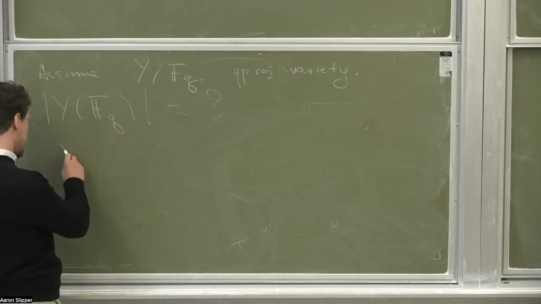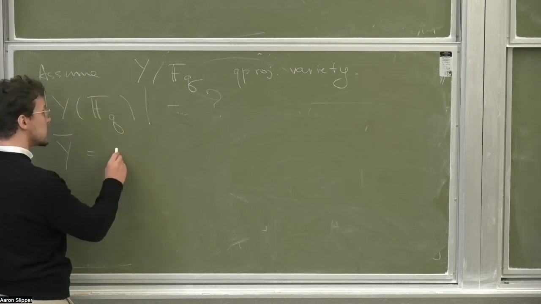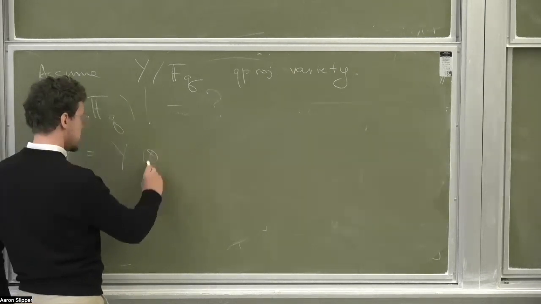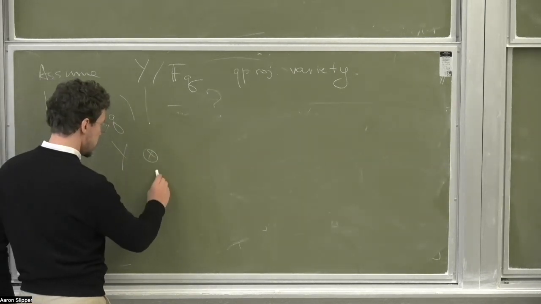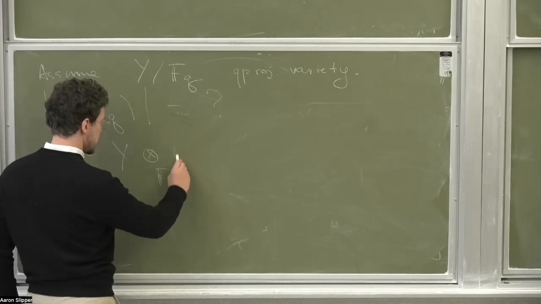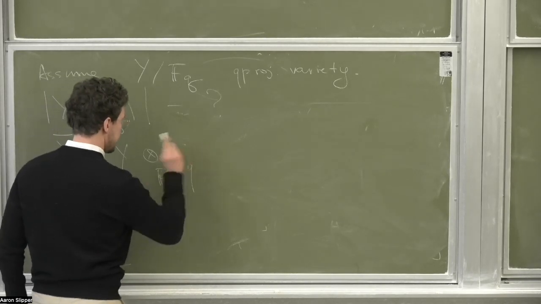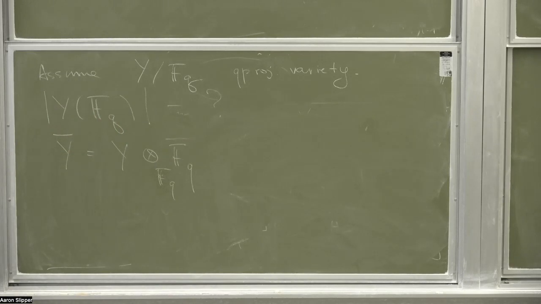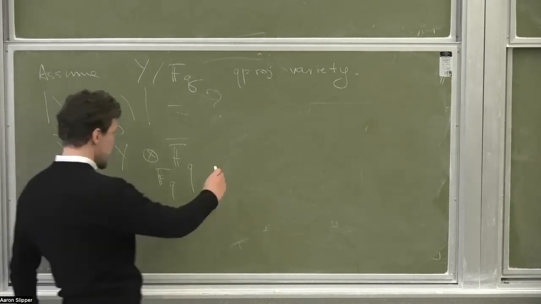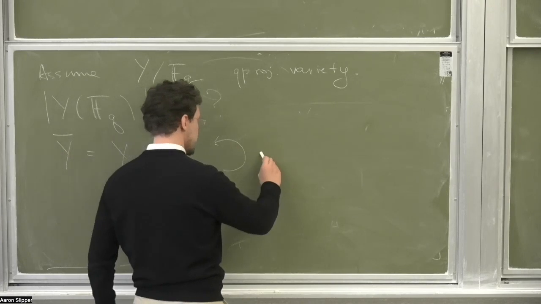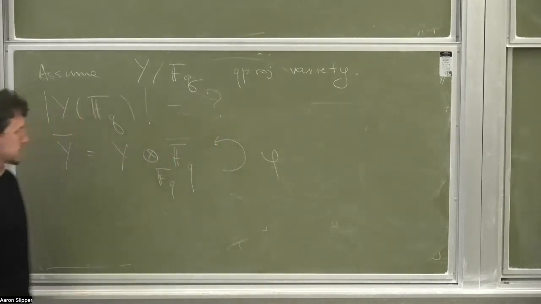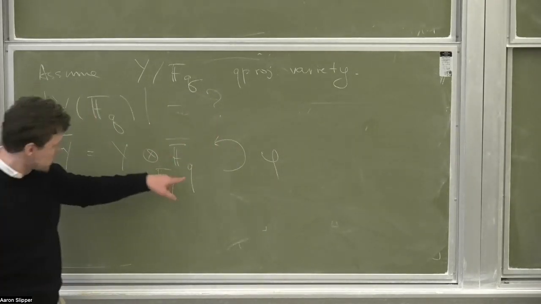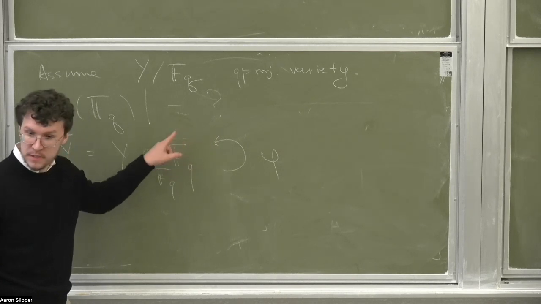So let me denote Y bar the base change of Y to the algebraic closure of F_q. This carries an arithmetic Frobenius isomorphism, which generates the Galois group of this extension.